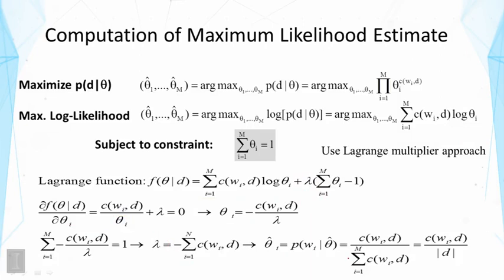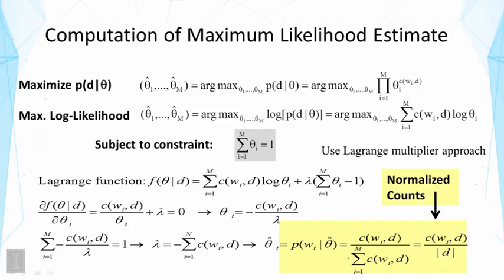So after all these maths, we have just obtained something that's very intuitive, and this will be just our intuition, where we want to maximize the data by assigning as much probability mass as possible to all the observed words here. And you might also notice that this is the general result of maximum likelihood estimate.